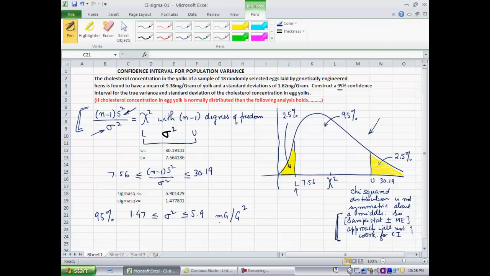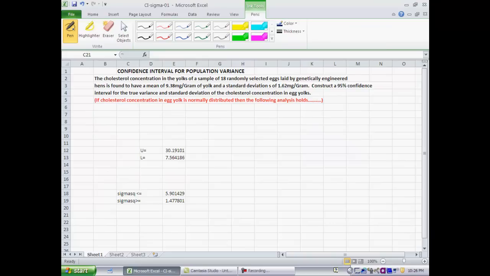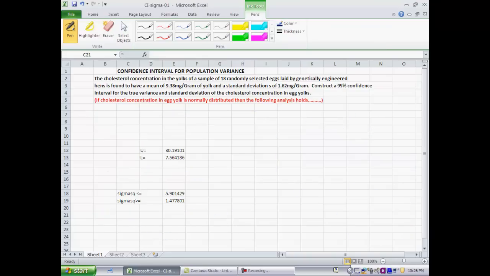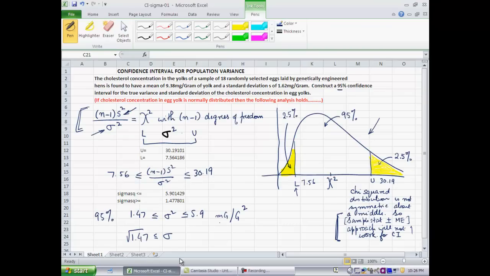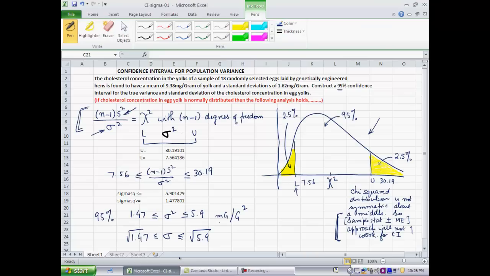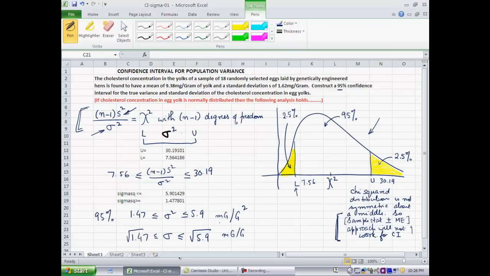And if I wanted to get the 95% confidence interval for the standard deviation, I would simply take the square root of 1.47, in milligrams per gram, is less than or equal to sigma, and it would be less than or equal to the square root of 5.9, and the units would be milligrams per gram. So there you have it, how to do the confidence interval of the population variance.